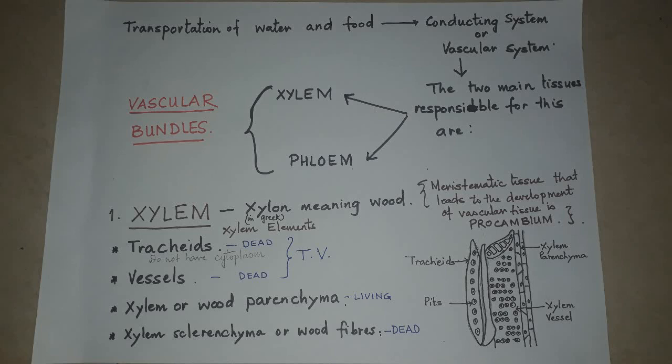How is the placement of these elements in the plant body? If you take a longitudinal section, you will see the arrangement of these components or elements in this manner.